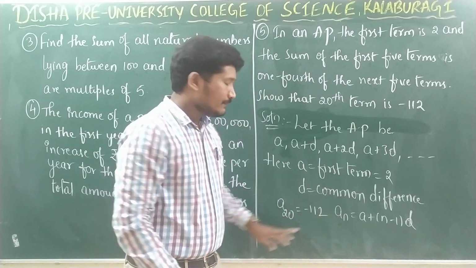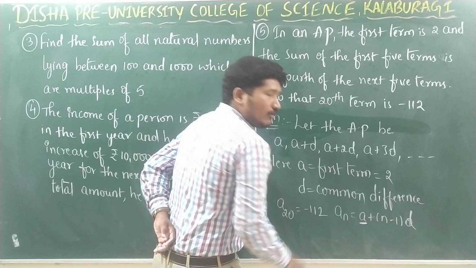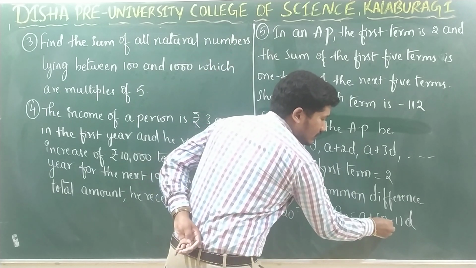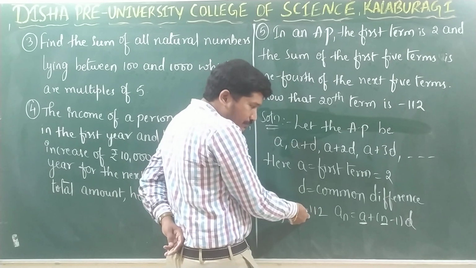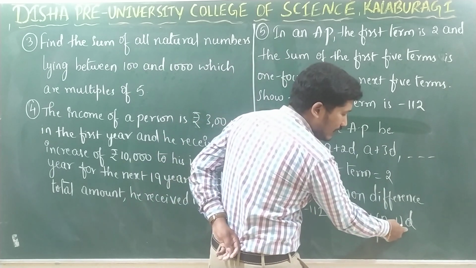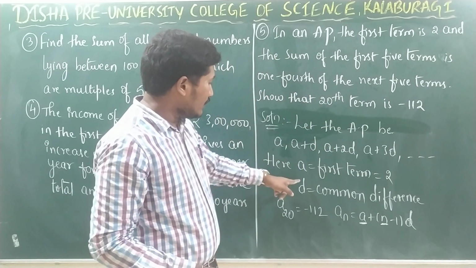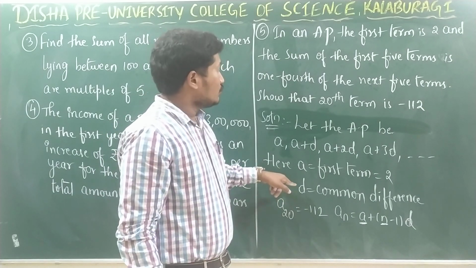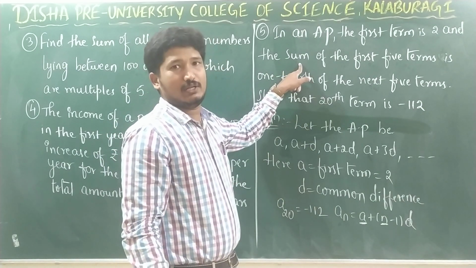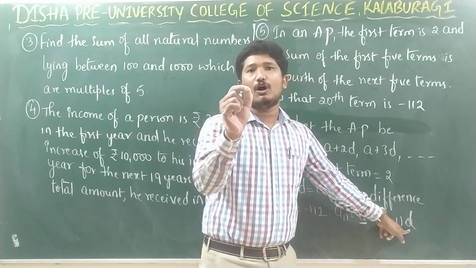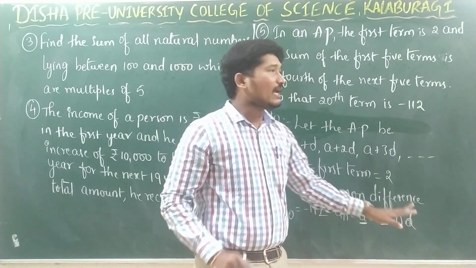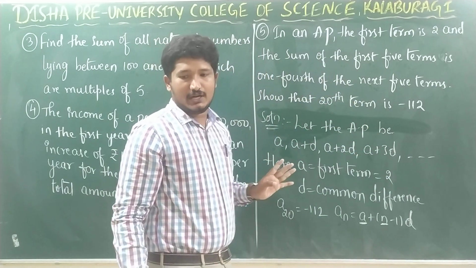You know the value of a and the value of n. In order to prove that A20 is minus 112, we need the value of the common difference, but we don't know that. So using the given condition, we will calculate it. See here.